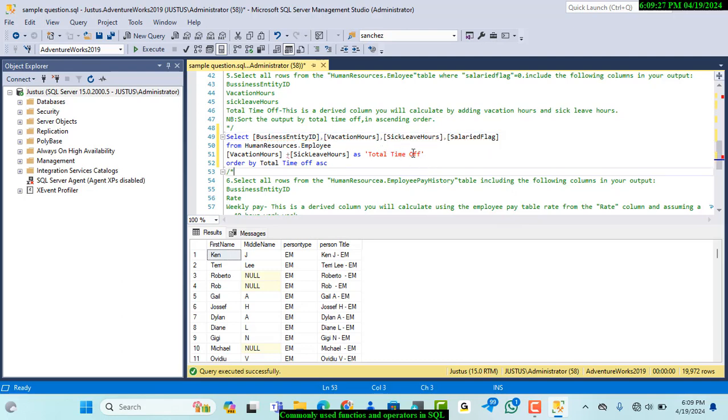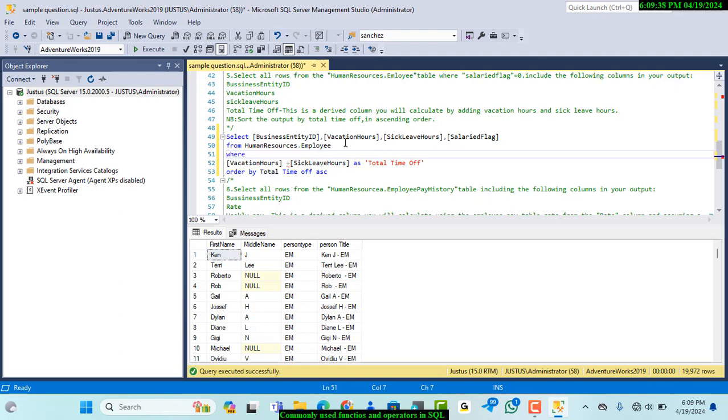Okay. Then below here I need to capture the salary. So where? You can see where salary flag equal to 0. Salary flag equal to 0.